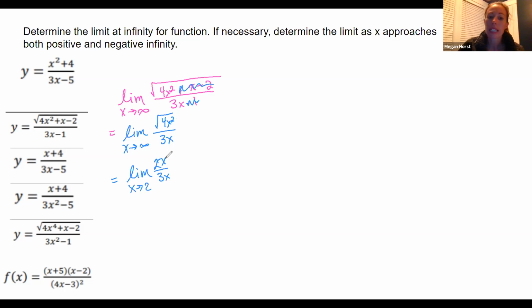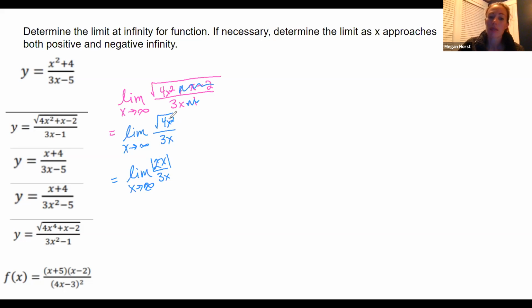And if I were to put a negative value into here, I would get a negative output. So it's really important that I put absolute value signs anytime I take the square root of an even degree, because I want to make sure that my output is positive and not negative.